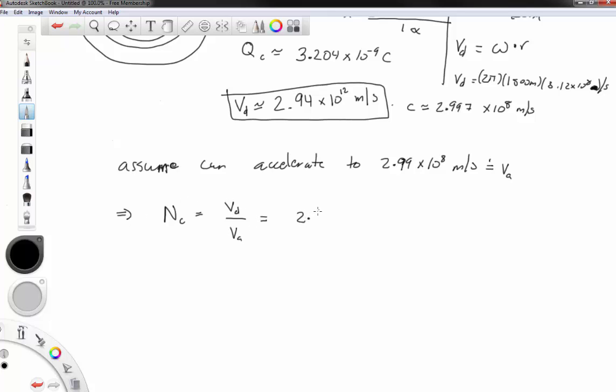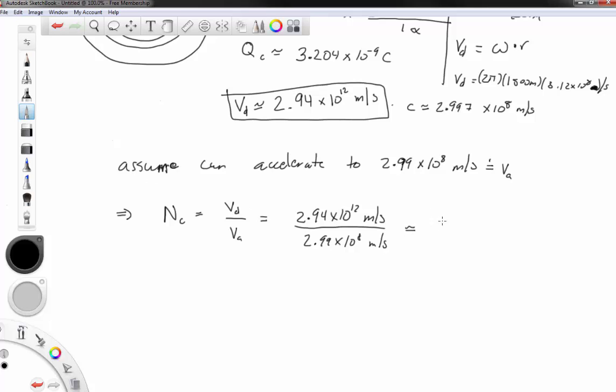So this becomes 2.94 times 10 to the 12 meters per second, divided by 2.99 times 10 to the 8 meters per second. So what does that look like? Well, if you divide 2.94 by 2.99, you get 0.9838.